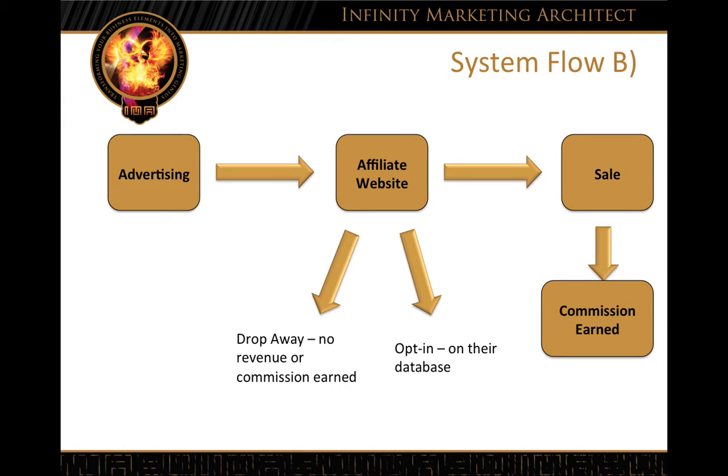But option B as well, here's the flow of what ends up happening with option B. So you've got your advertising, whatever your advertising may be, and that ad that you've placed sends people directly to the website that your affiliate company has set up. So whether it's their set web page, maybe they have built you a replicated site or something like that.